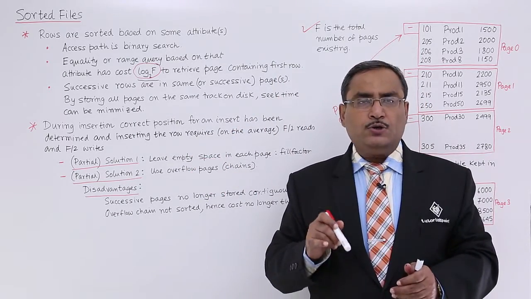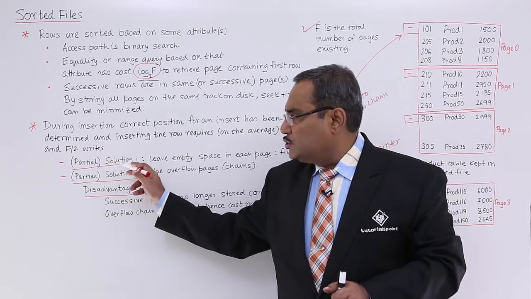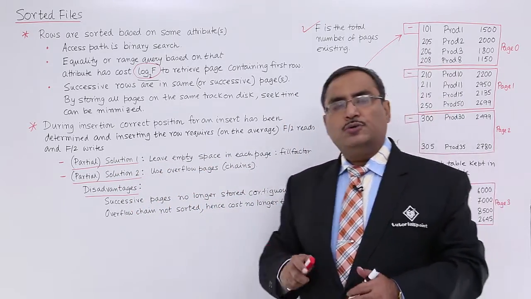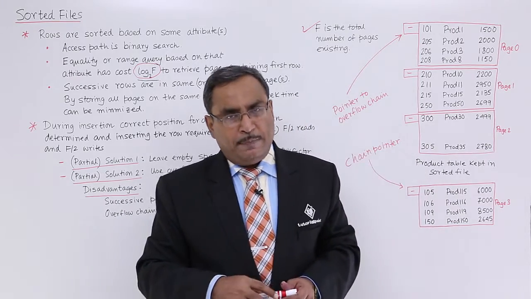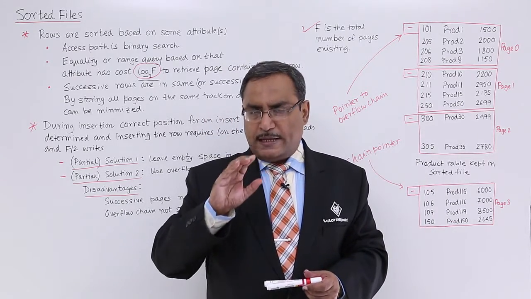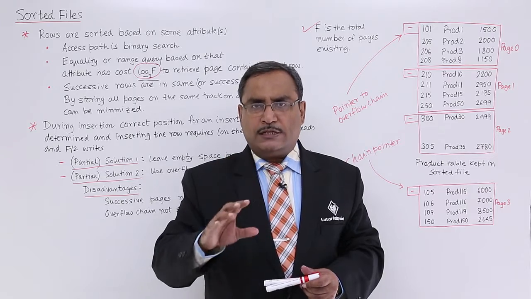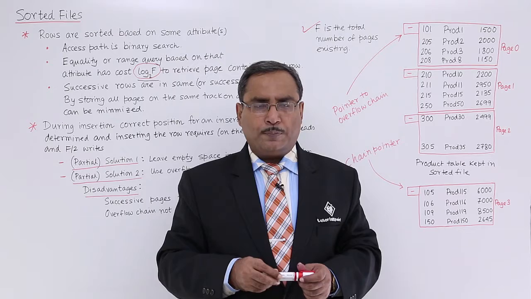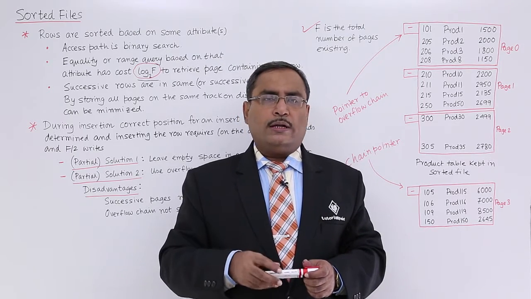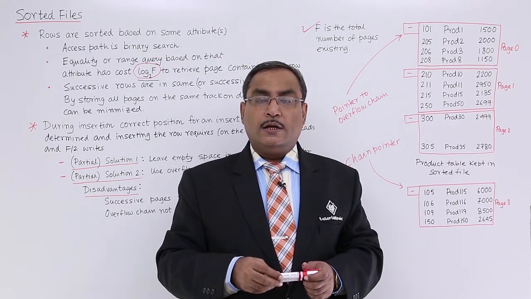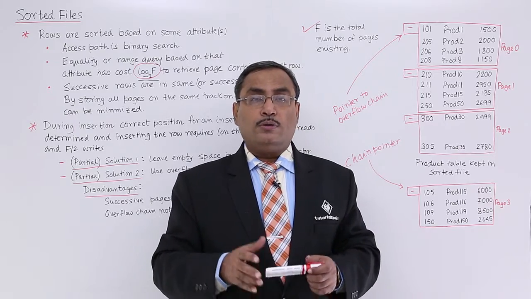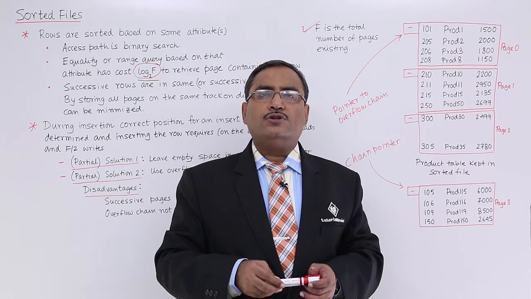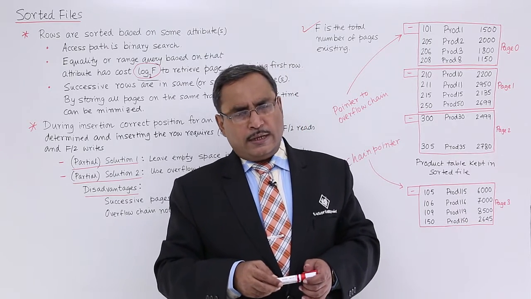That's why we have two solutions. Partial solution number 1: leave empty space in each page, also known as the fill factor. That means I shall leave some space in every page for the future insertion of tuples. But that is also not a good option, because we don't know how many tuples are going to be inserted, so how much space to keep free is unpredictable.